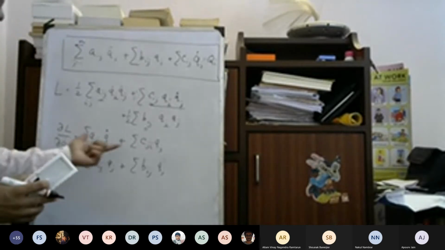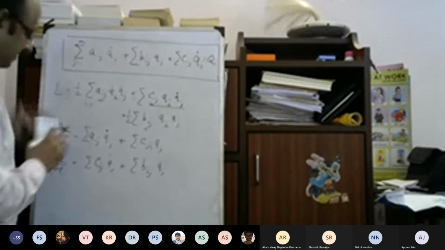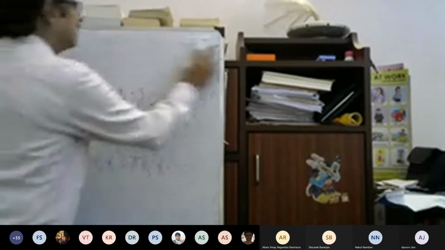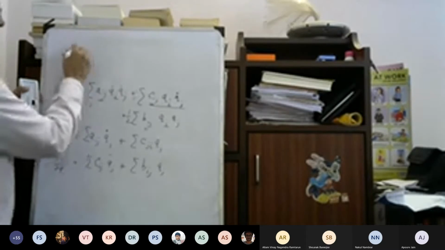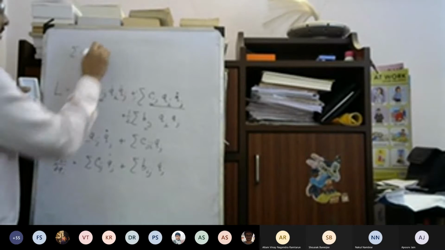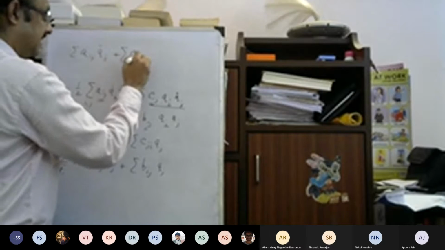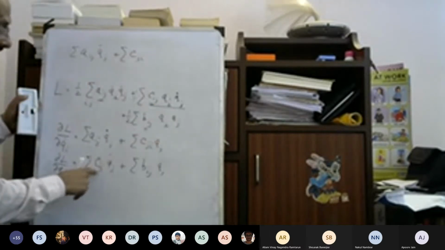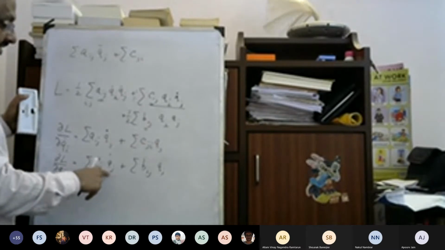So if we have this part, then what will be the equation of motion? The equation of motion will now be the derivative of this part, so therefore Aij Qj double dot, the time derivative, plus Cji Qj dot plus Cij Ci minus Cij Qi.